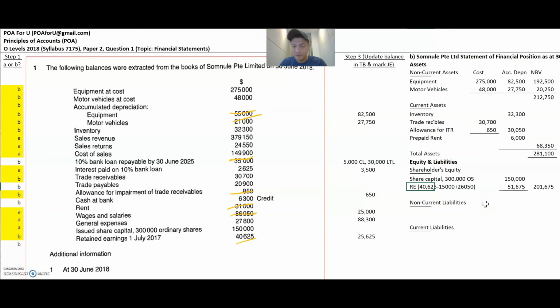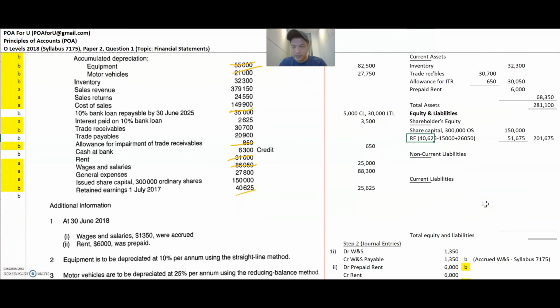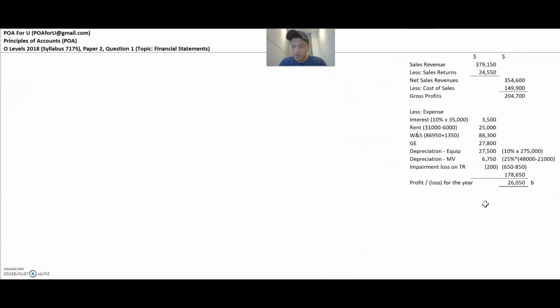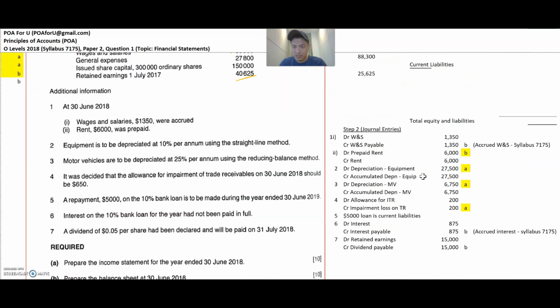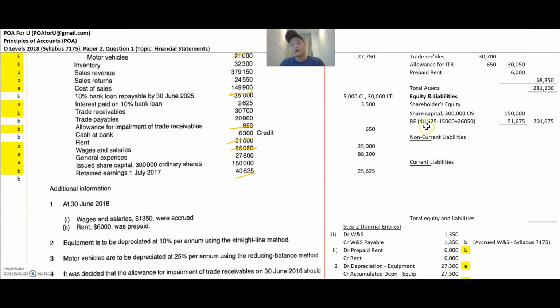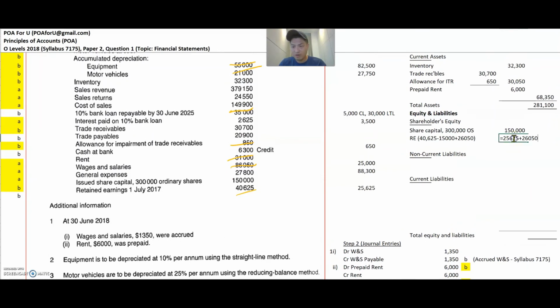Anyone could guess? Okay, it is the profits for the year. So I'm going to mark this as done as well because I transferred it to part B. So retained earnings movement is always beginning retained earnings, add profits for the year, less dividends, right? That's issued for the year. So that's your final amount, and this is the total.